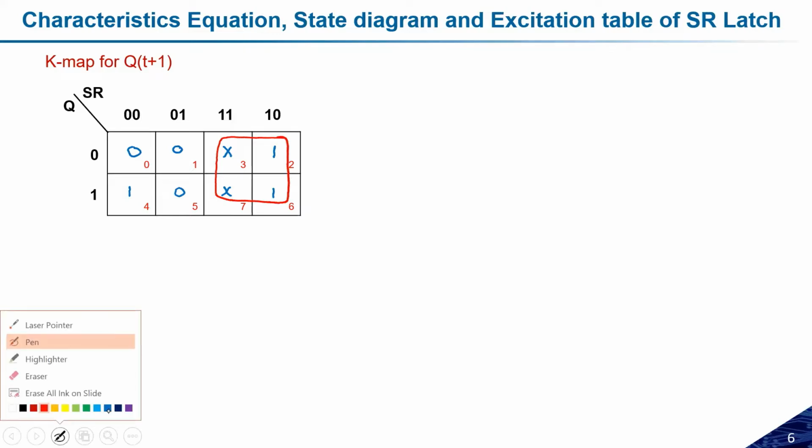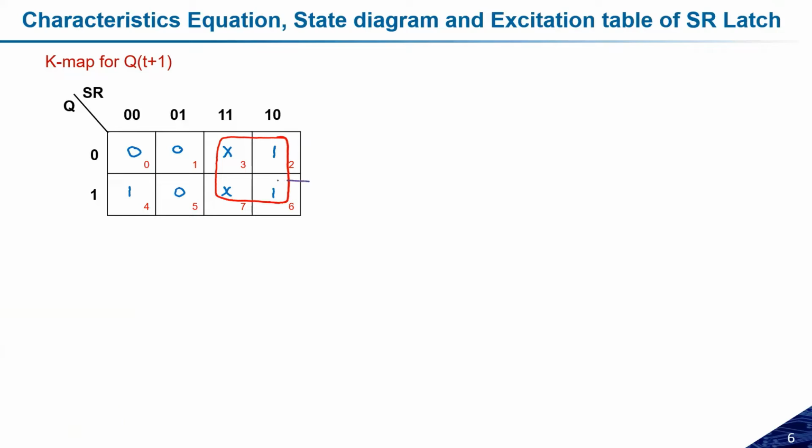The second could be pairing this one with this one. Let us write it down. If we simplify this quad, Q will cancel out, and here R will cancel. So what expression will I get? Can anyone tell me?